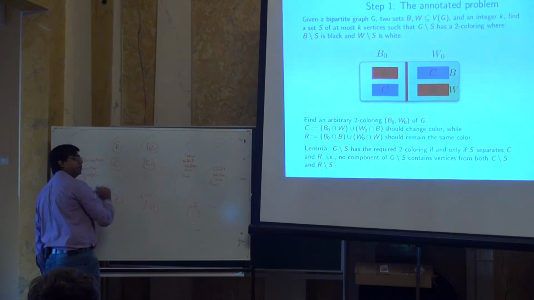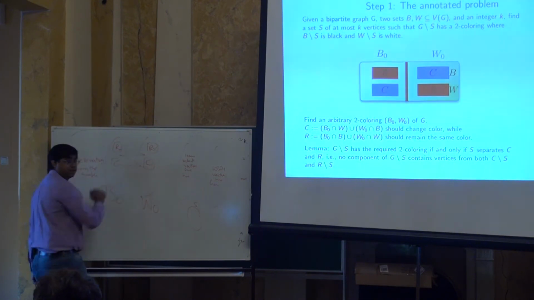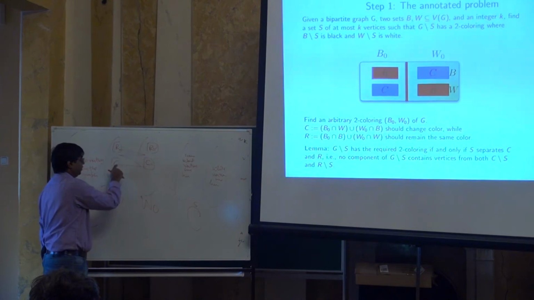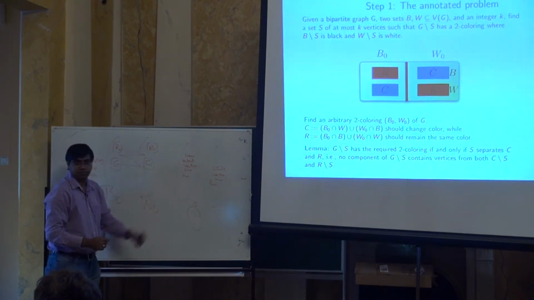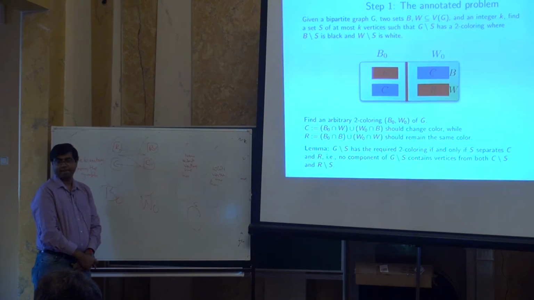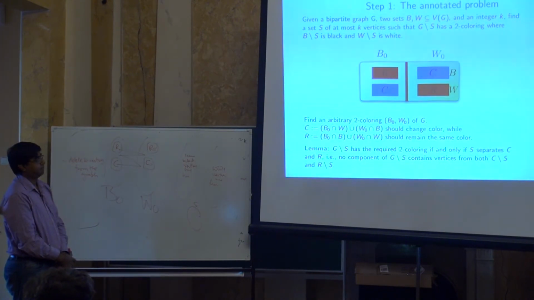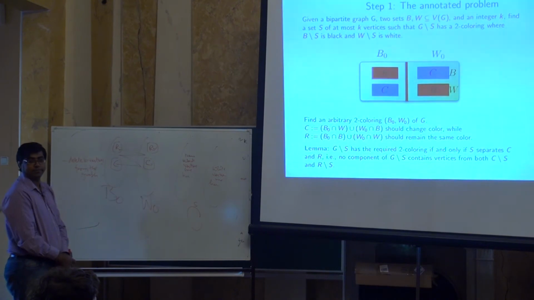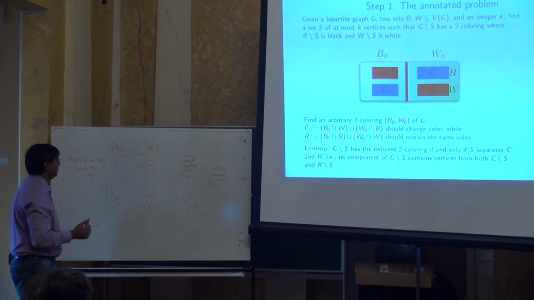Can there be a path from a conflict vertex to a remaining vertex? Suppose such a path exists.